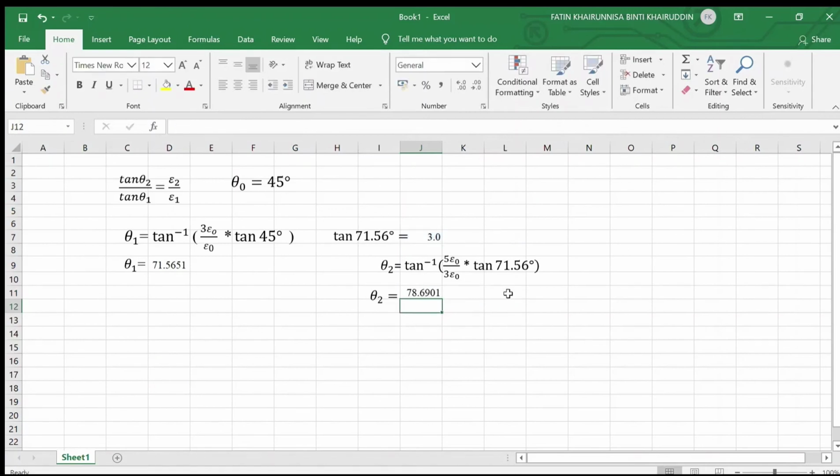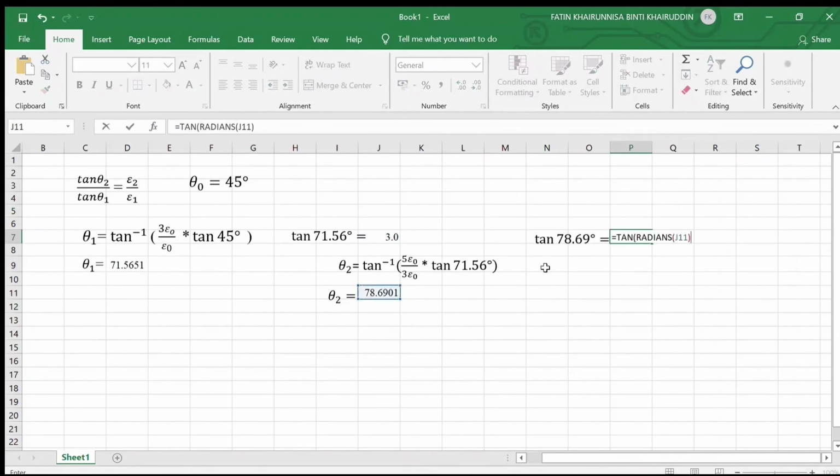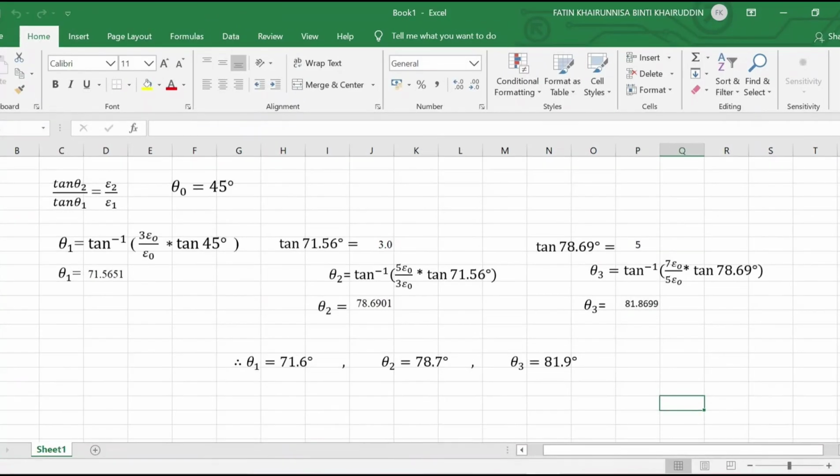We solve the equation and we get 78.69 degrees for theta 2. We repeat the same step to find theta 3. Therefore, angle theta 1 equals 71.6 degrees, angle theta 2 equals 78.7 degrees, and angle theta 3 equals 81.9 degrees.